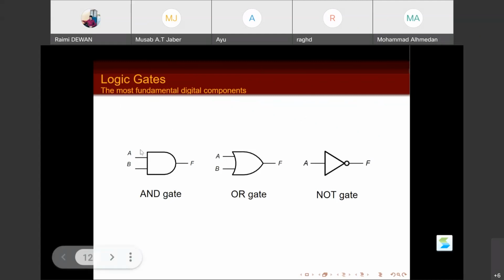Okay, so this one is the AND gate, this one is the OR gate, and this one is the NOT gate.